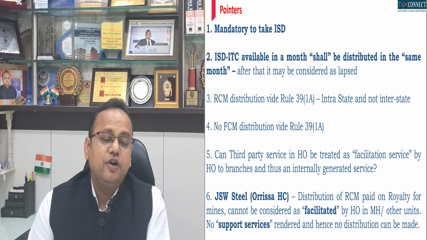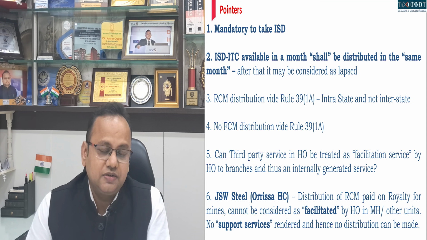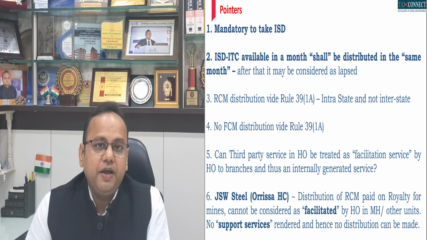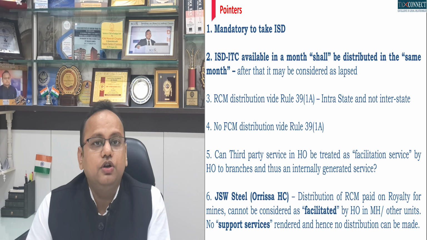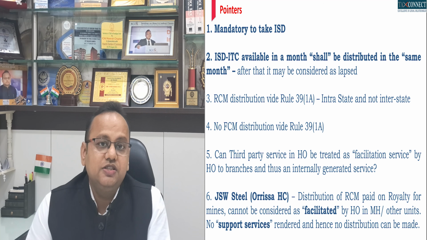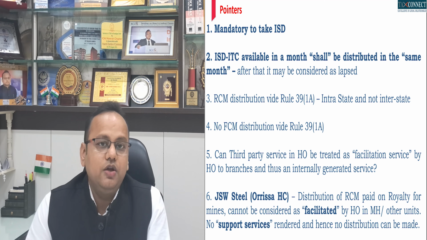In case from the HO you are paying reverse charge GST on certain services, say for example, you are an MNC company and you are paying reverse charge on import of common credit, for example royalty, which is useful for all the branches and all the states where you are registered.